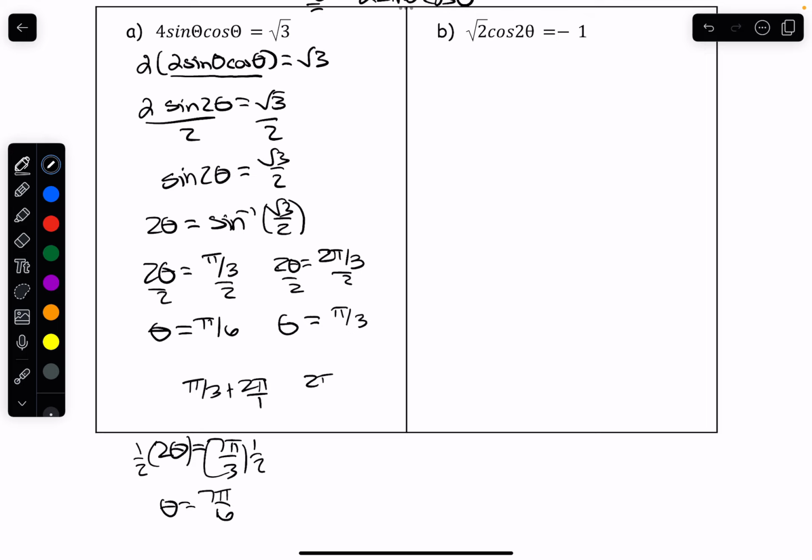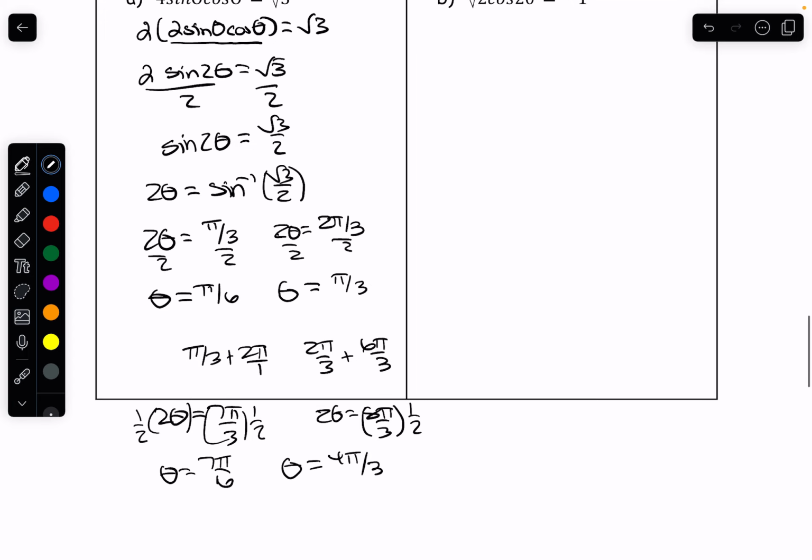Here, our original 2 pi over 3 plus, I'm going to go ahead and make 2 pi just be 6 pi over 3 so we get a common denominator. That means that 2 theta could equal 8 pi over 3, and then taking half of that gets the additional angle that theta could be 4 pi over 3.